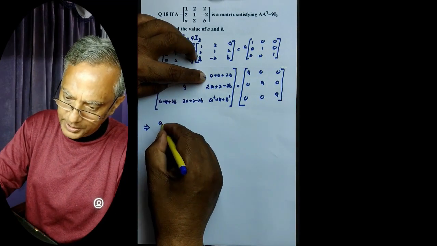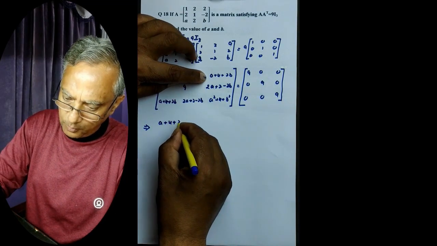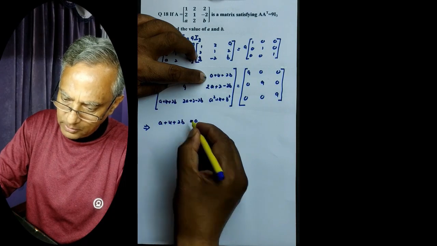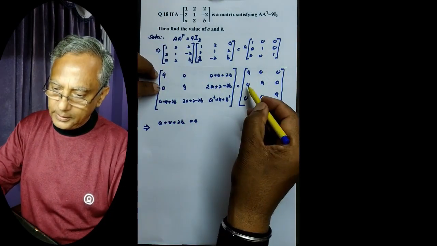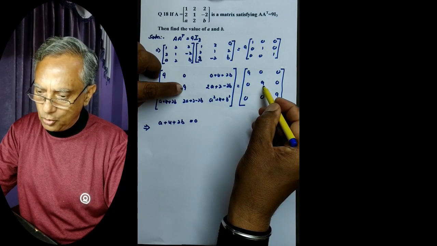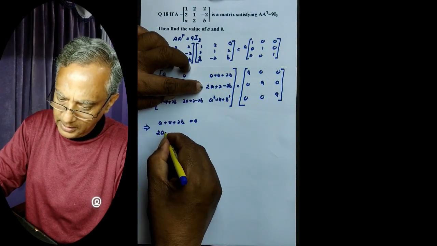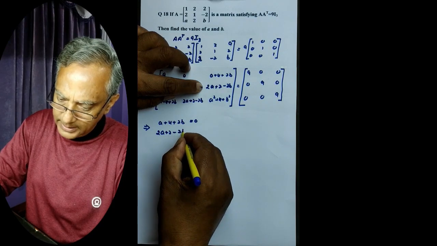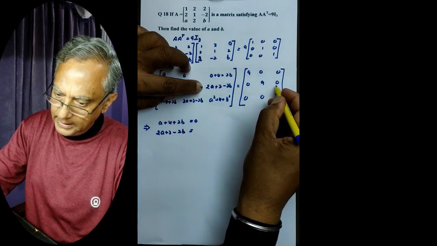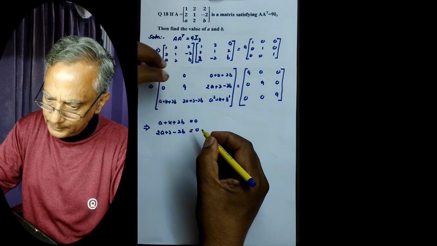So we get the equation A plus 4 plus 2B is equal to 0. This should be equal to this. So we get another equation 2A plus 2 minus 2B is equal to 0.